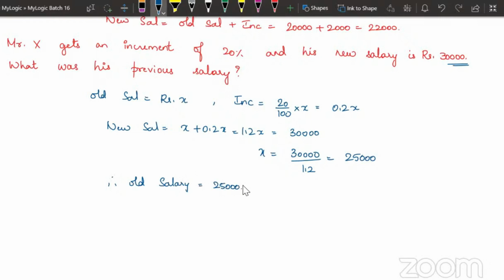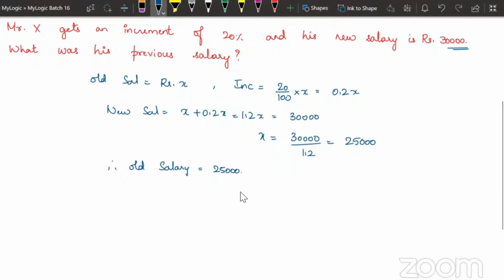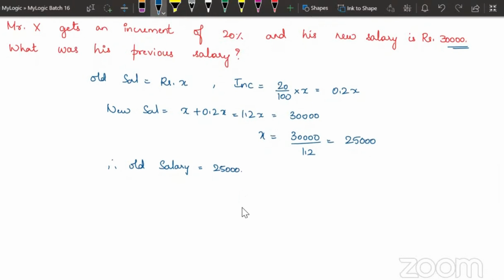Basically, you have to understand to which value we are adding that increment, and if there is a decrement, discount, or loss. So there is an old salary which is 100%. With that, you are adding an increment which is 20%. That gives you 120%.